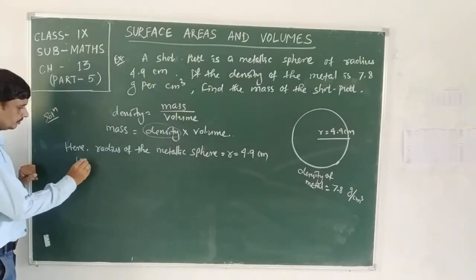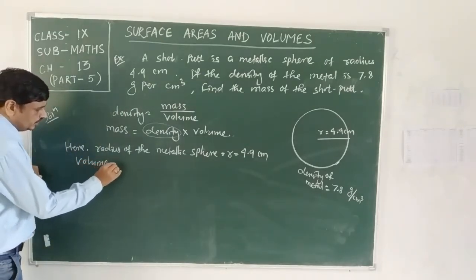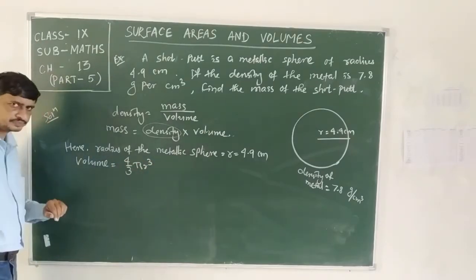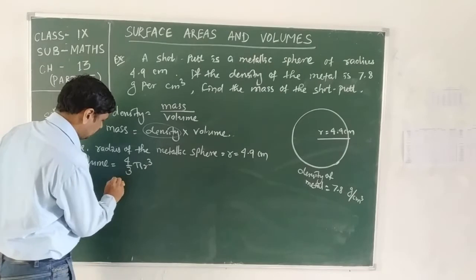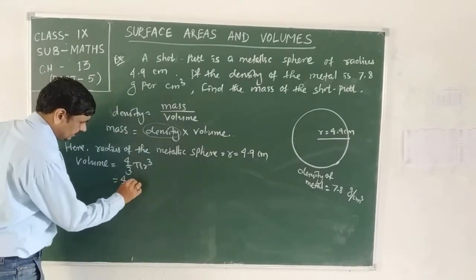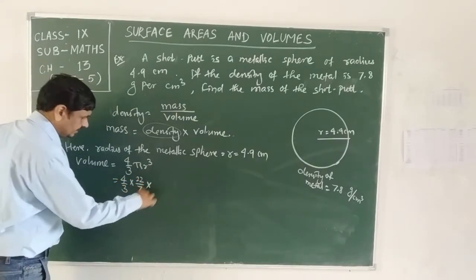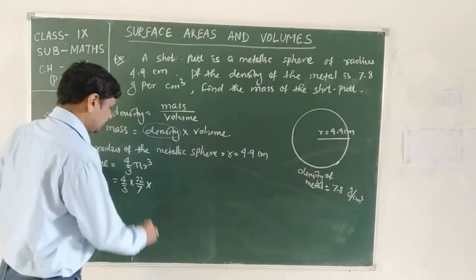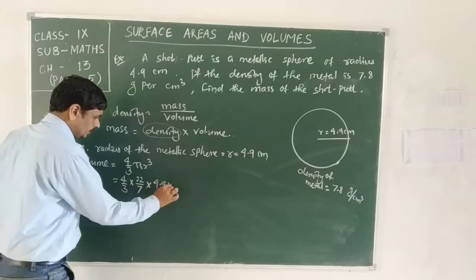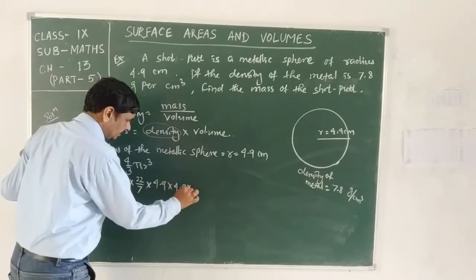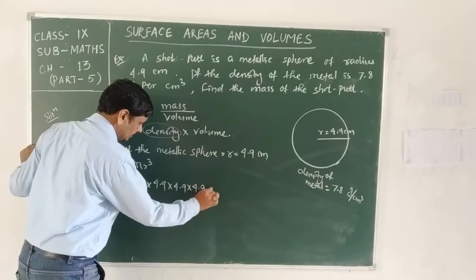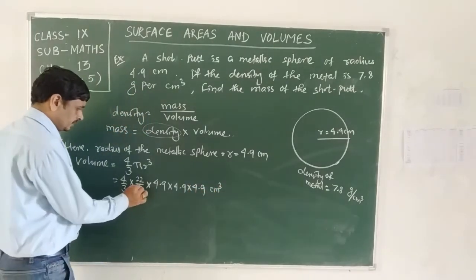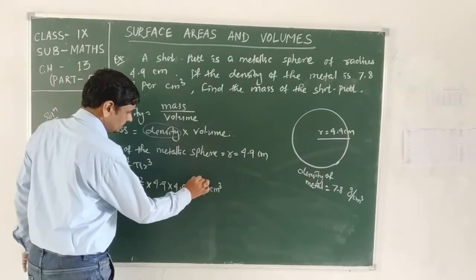So, volume will be 4 by 3 pi r cube, that is equal to 4 by 3 into 22 by 7 into r cube, that is 4.9 into 4.9 into 4.9 cm cube. 7 into 0.7.